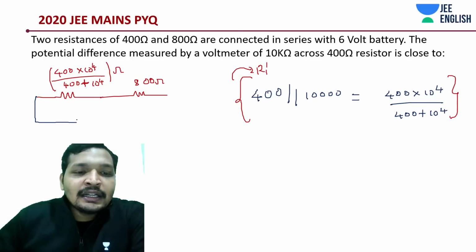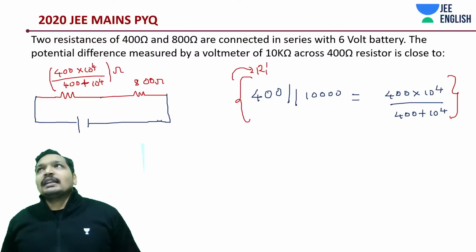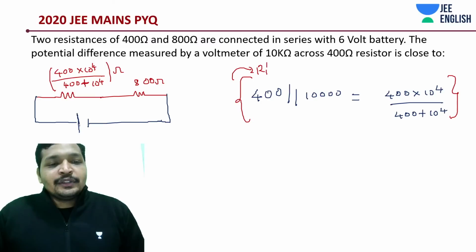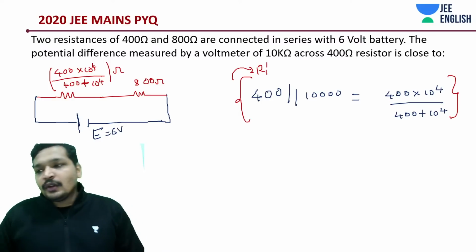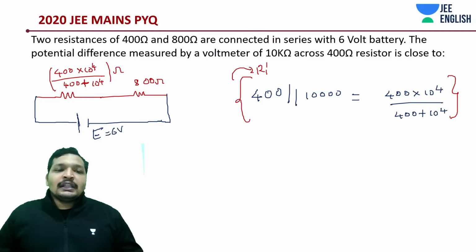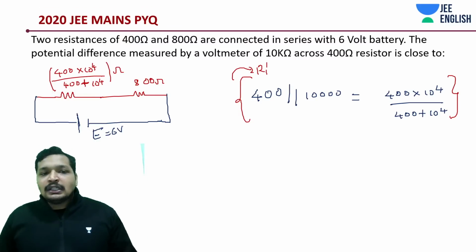Take the total current and multiply with the resistor, or take the ratio of the resistances. I remember it in terms of ratio, so I typically talk about ratios. Okay, this is 6 volts. Now I'm going to ask what is the potential across this resistor.